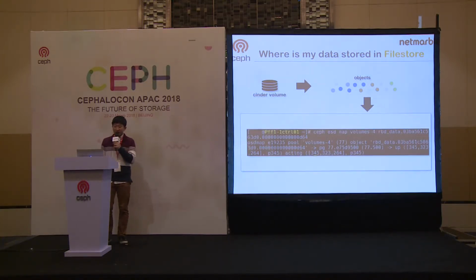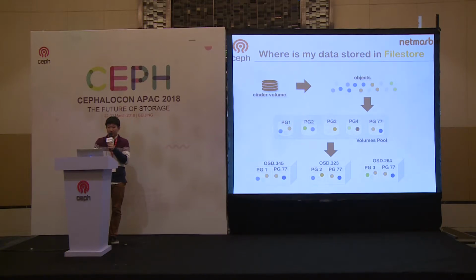With the Ceph OSD map, we can find which placement group the object is stored in and which OSDs the placement group is distributed in. In this case, the object is located in the 77.500 placement group, and the placement group is distributed in the 345, 323, 264 OSDs.